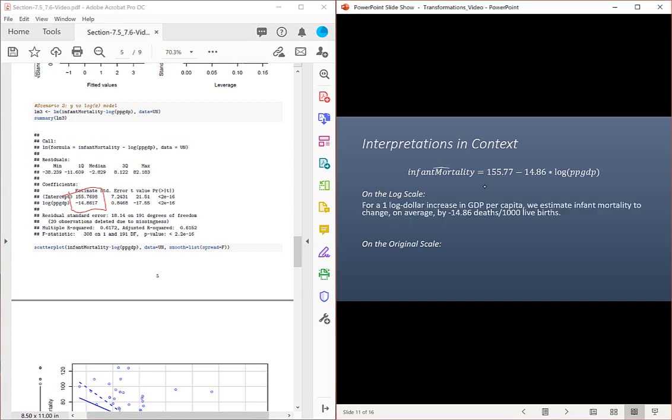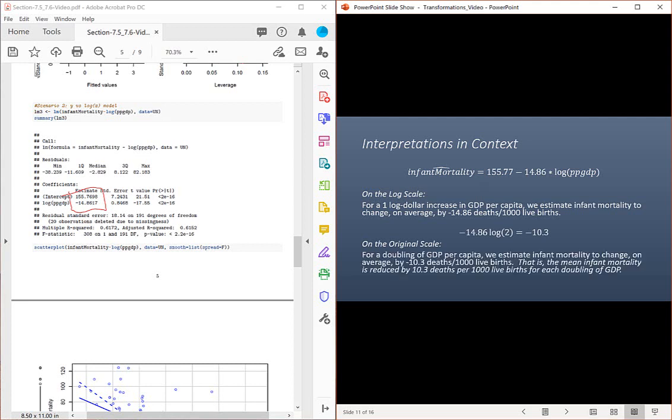To interpret on the log scale, we'd say for a 1 log dollar increase in GDP per capita, we estimate infant mortality to change, on average, by negative 14.86 deaths per 1,000 live births. Before interpreting on the original scale, we need to find the slope times log of 2, which is negative 10.3.